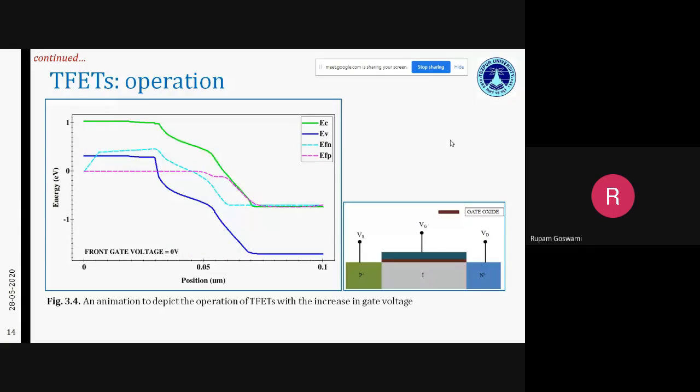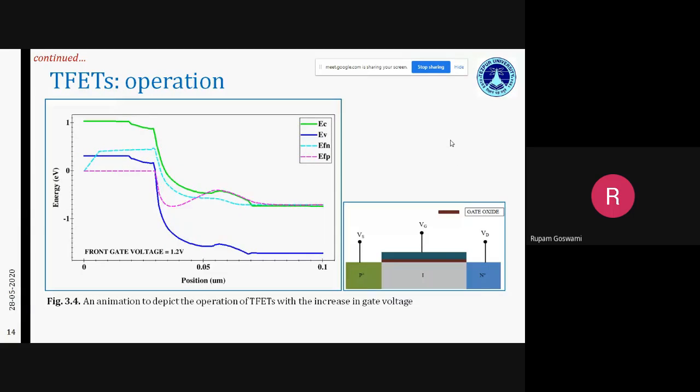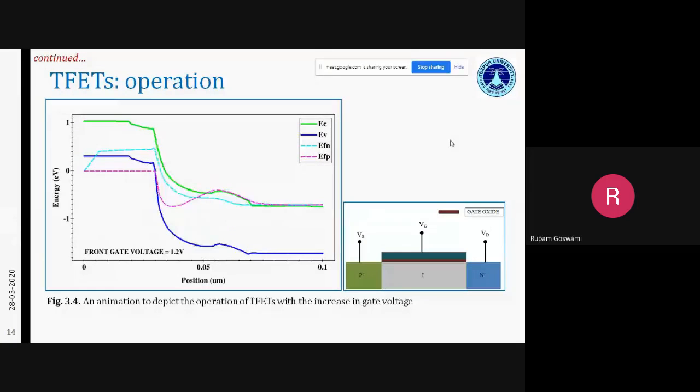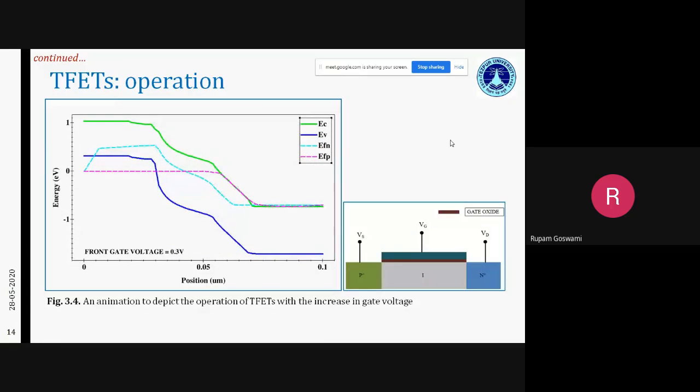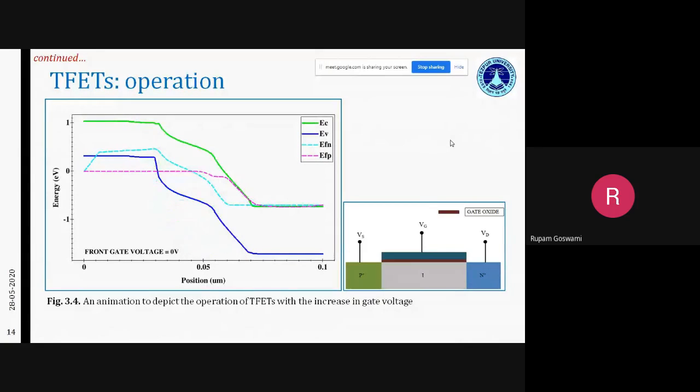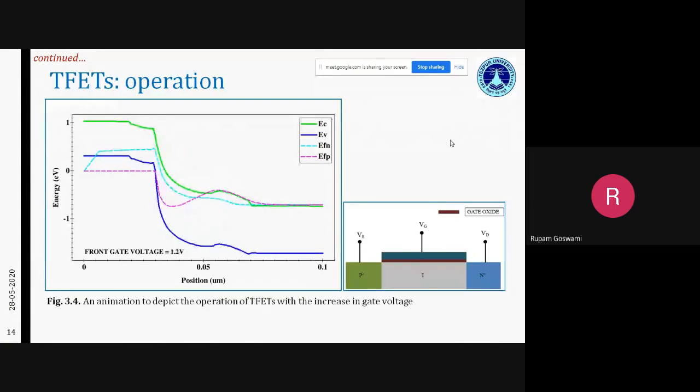So here we have a single gate, and on application of the voltage, these bands will bend, and it creates a very good tunneling window for carriers to tunnel through the barrier. Okay, so this animation gives a brief idea of the principle of operation of tunnel field effect transistors.